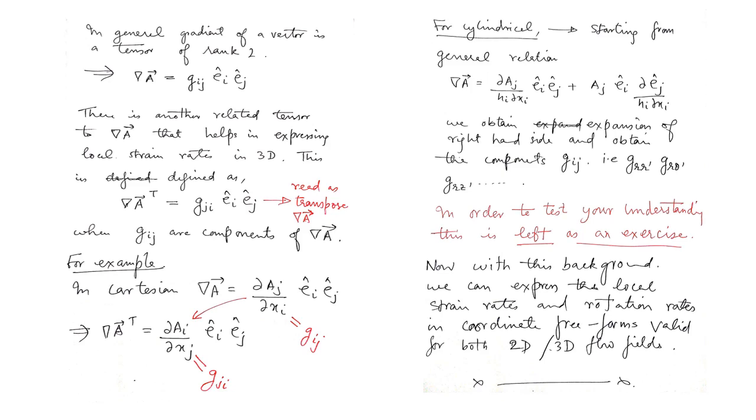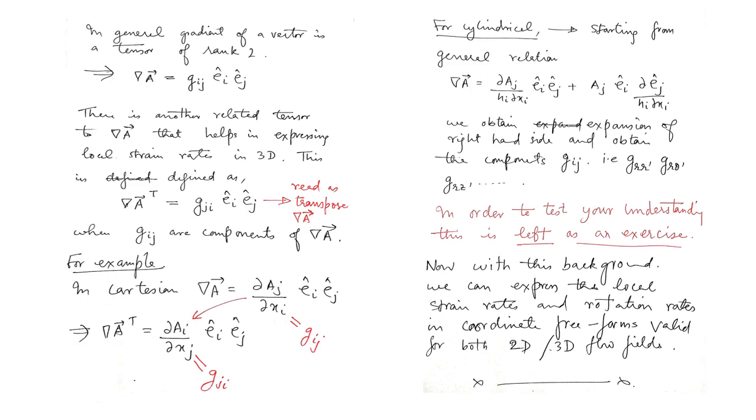So for example, in Cartesian, the gradient of a vector is written as del aj over del xi, ei ej, as we showed in the previous slide. So I already have the Gij components. So Gij is this.